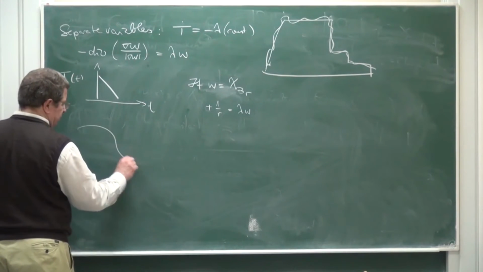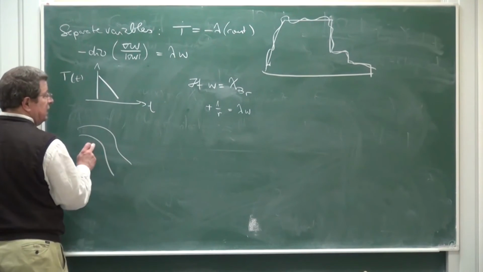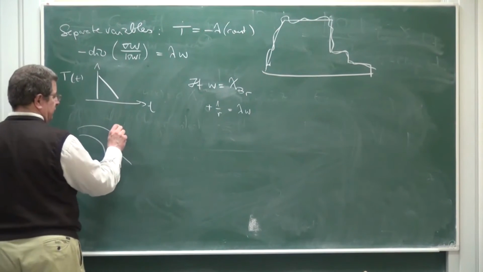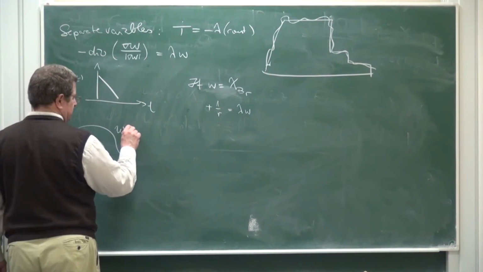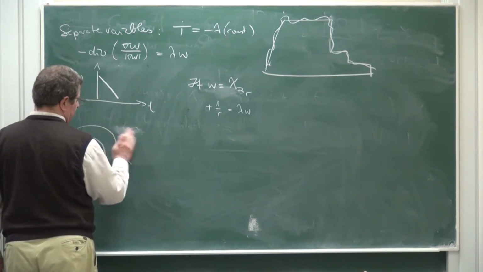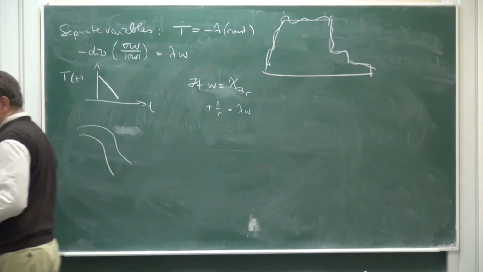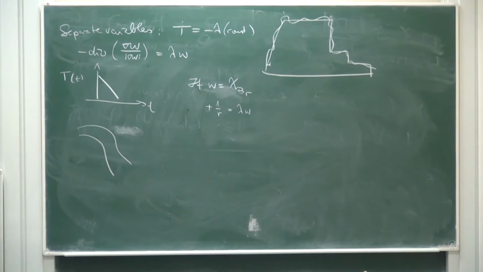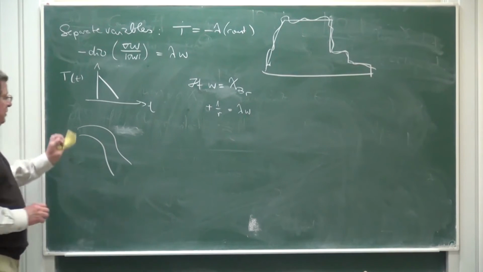If we have a general profile, say a function w, what this tells us is that the speed by which the function goes down to 0 is proportional to the curvature of a level set.